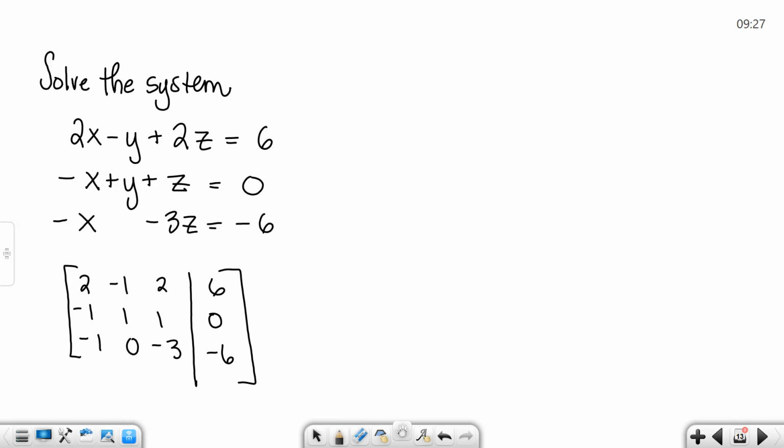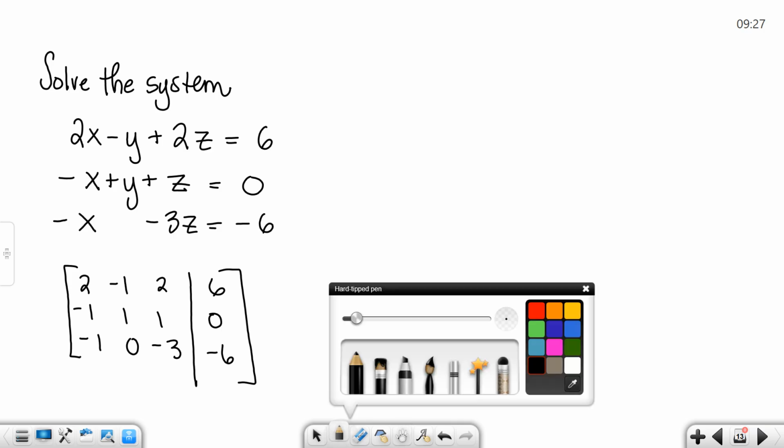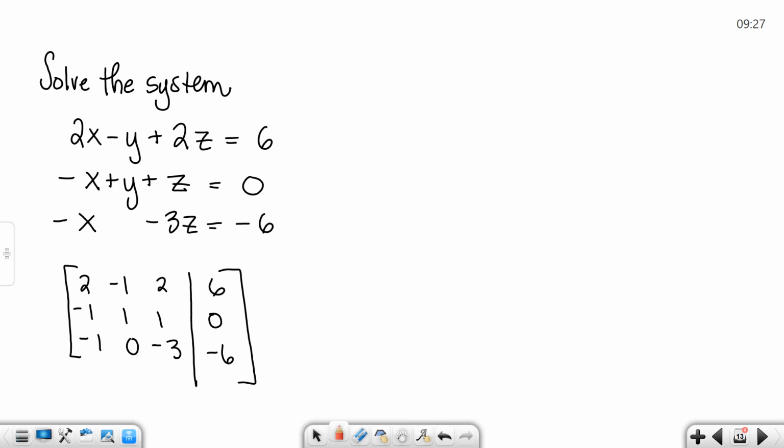I think I was leaning toward saying 1/2 row 1 gives me a new row 1 because it just gives me one slight little bitty fraction, but then it's going to take care of the ones below it. But there's lots of different ways. We're all going to get the same answer regardless of which way we pick.